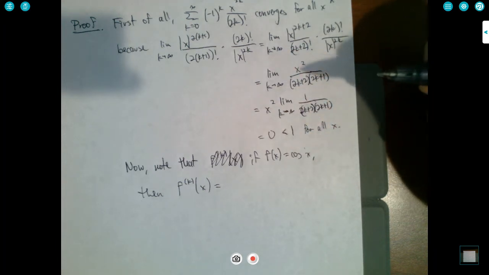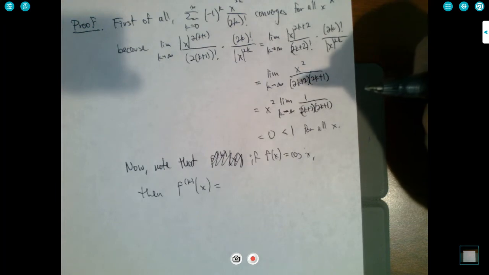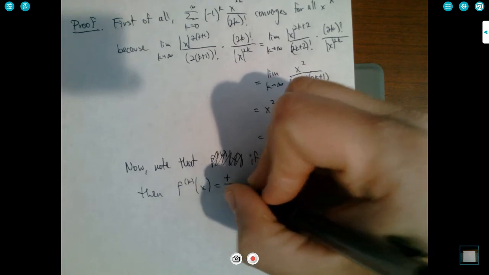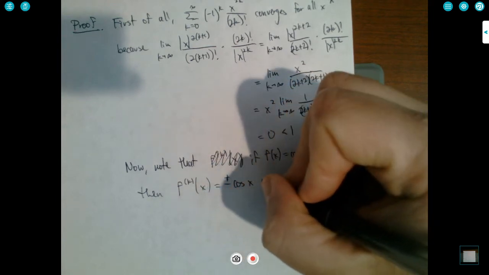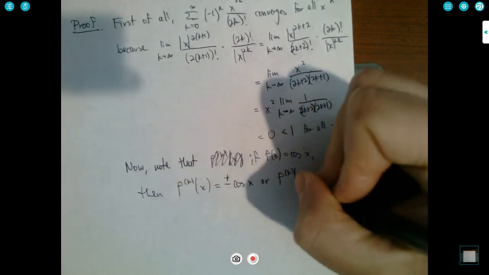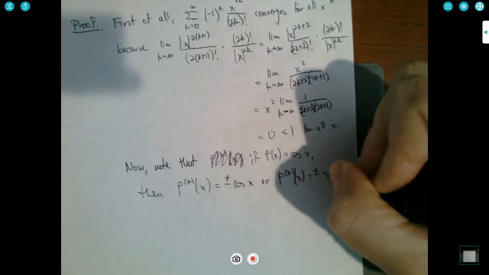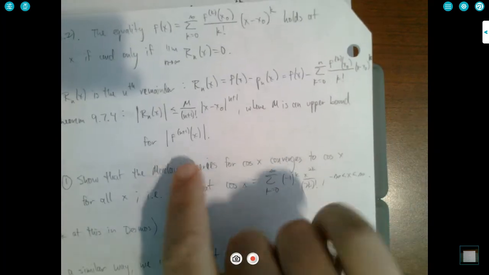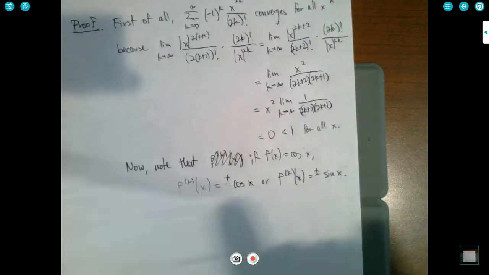So the kth derivative of x is either plus or minus cosine x, or it's plus or minus sine x.